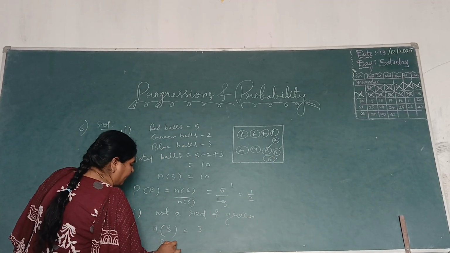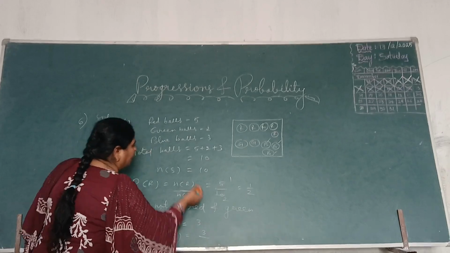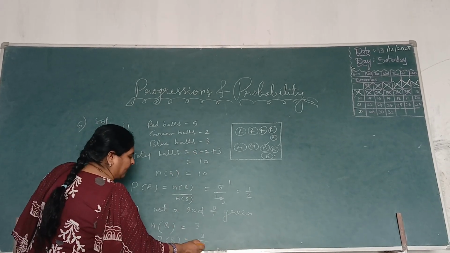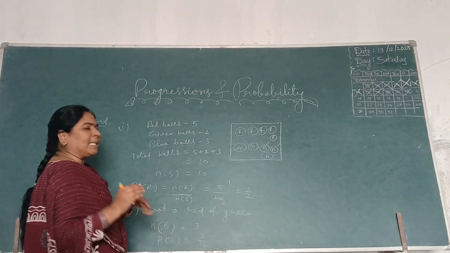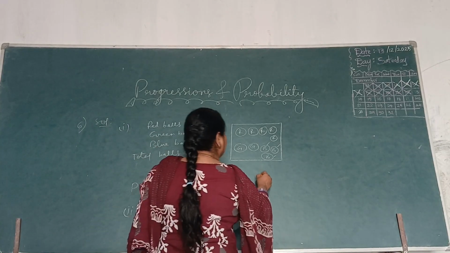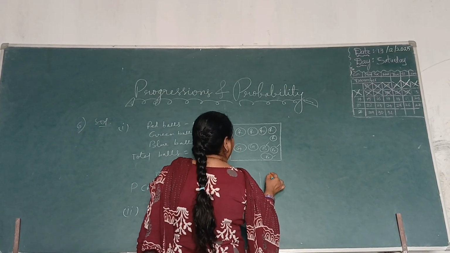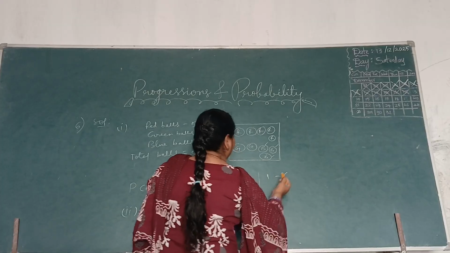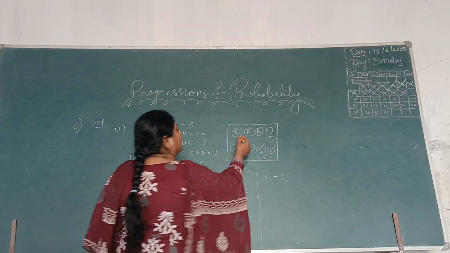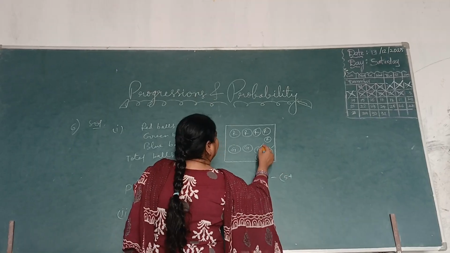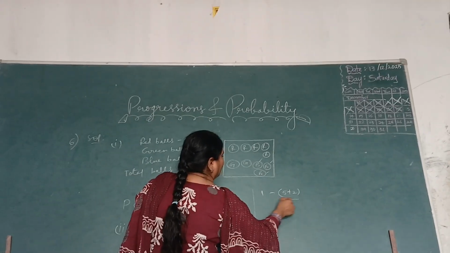So probability of getting blue is 3 by total, how much? 10. That is n of b by n of s. Second way I am going to do. What is the second way? 1 minus, what we should not have? Red and green. So red are how many? 5. Green are how many? 2 by 10.